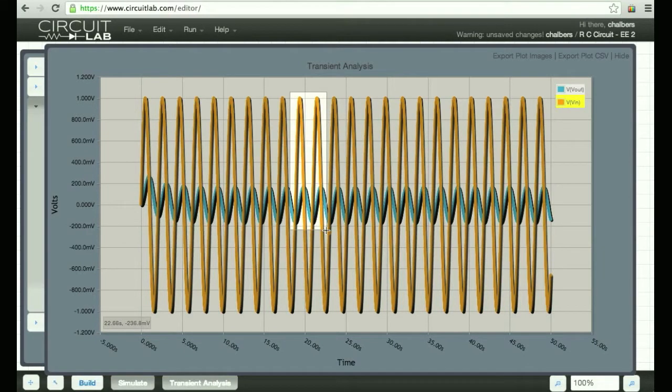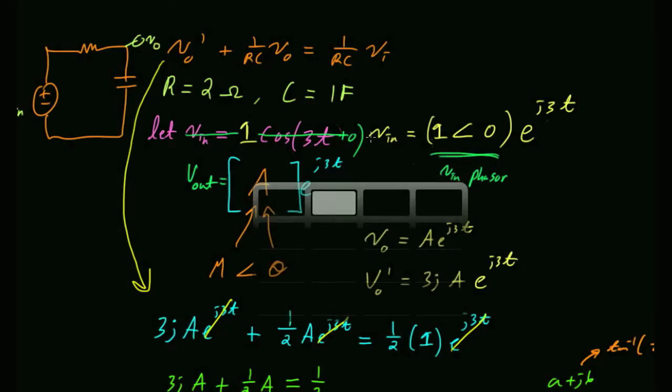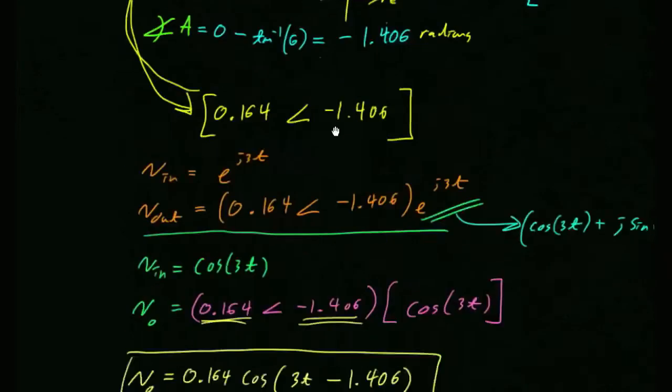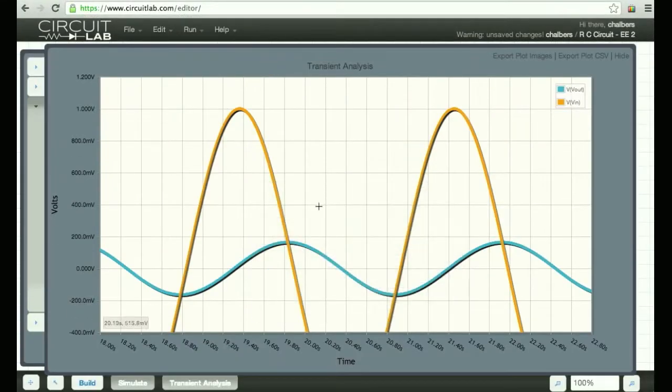For this particular peak of the input, it appears to peak at time t equals 42.37 seconds. So somebody write down 42.37 seconds. Is that really that? Sorry, it's like the world's slowest plotting.